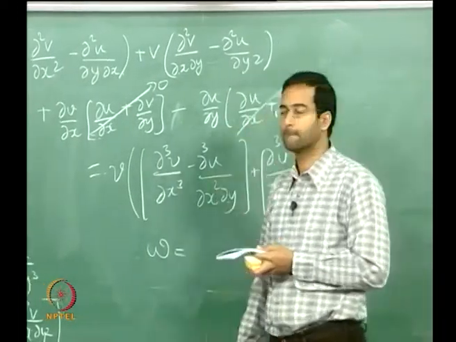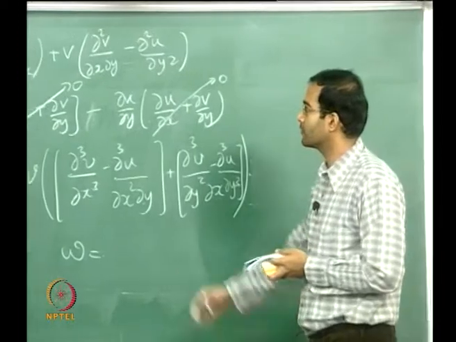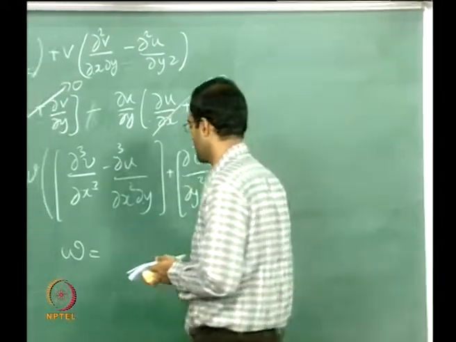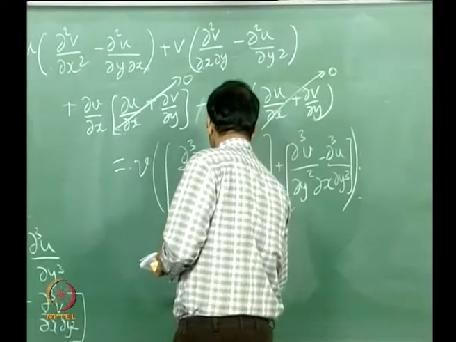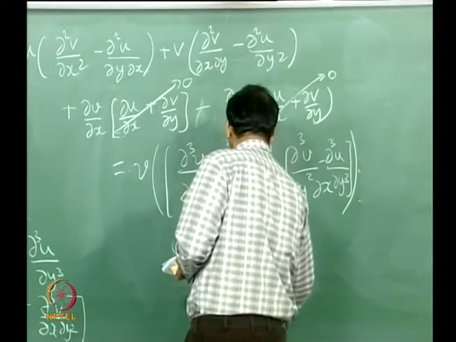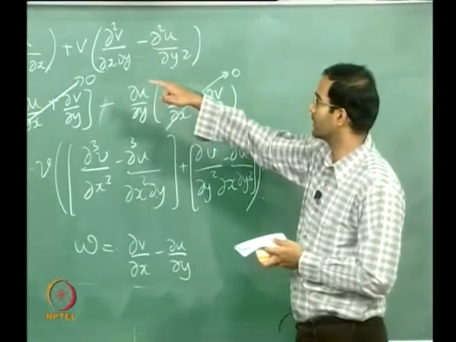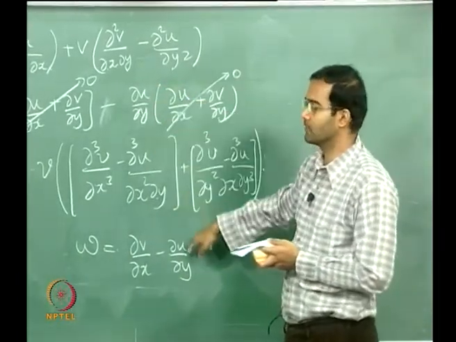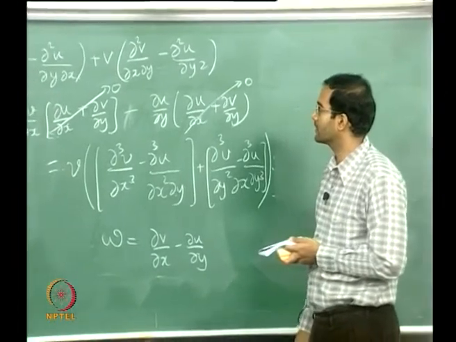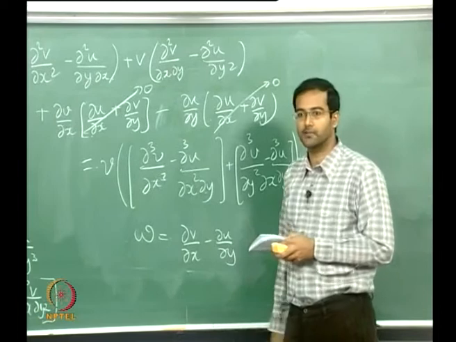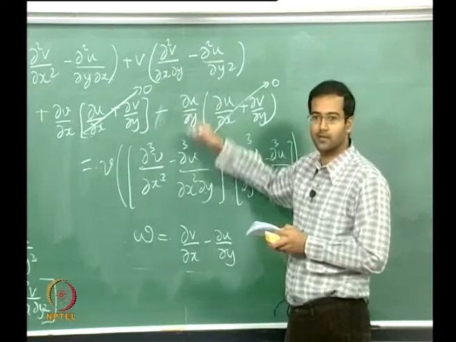In fact, you can get a clue from the terms that we have grouped. dv by dx minus, yeah, exactly. Now you can see why we have grouped those terms, because they are going to be directly in terms of the vorticity that we have defined. And now we are going to take derivatives and check, it will come exactly to those terms.